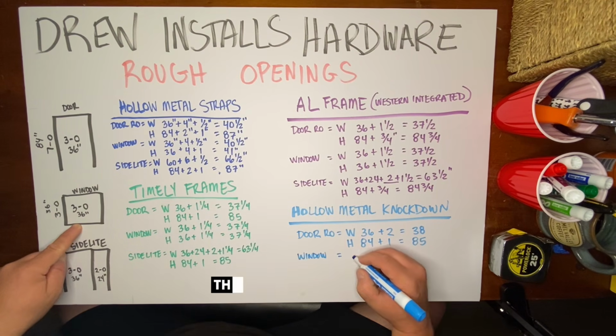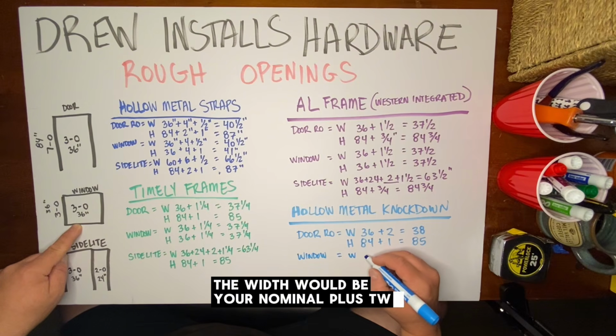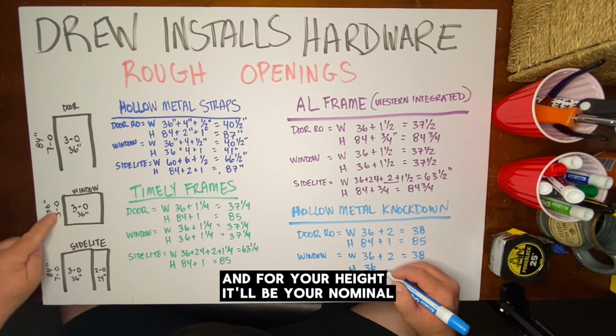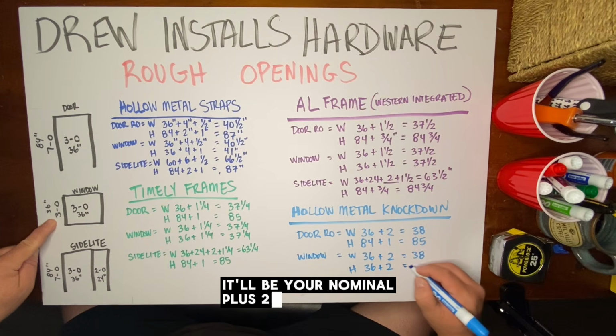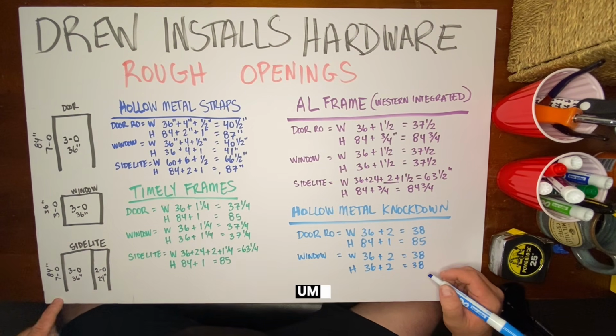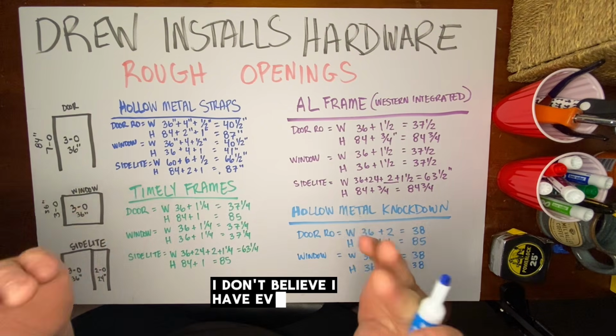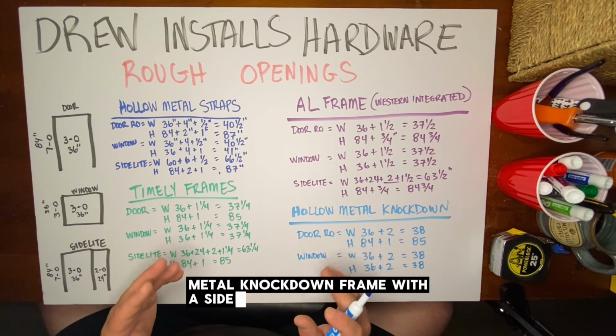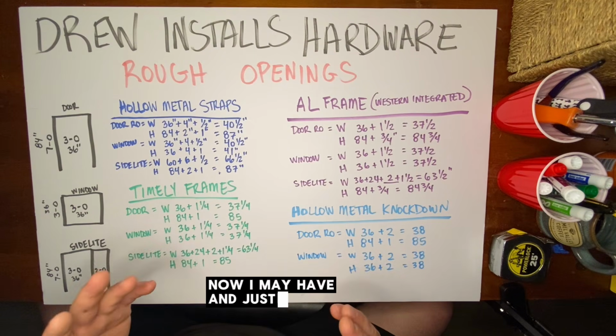For a window, the width would be your nominal plus 2. For your height, it'd be your nominal plus 2, because you have 2 pieces going on there, right? I don't believe I have ever set a hollow metal knockdown frame with a side light. Now, I may have and just have forgotten.